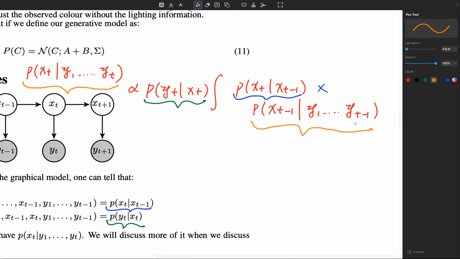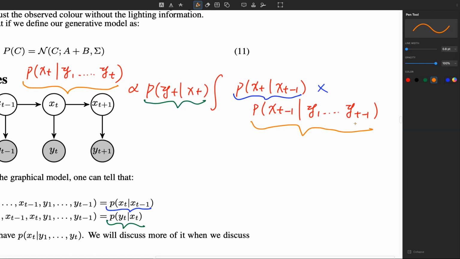So you don't have to deal with this, because it's a recursion. You just keep on recurring it back. By the way, this is called the Bayesian recursive filter, RBF. Kalman filter, particle filter, they are all part of your Bayesian recursive filter.